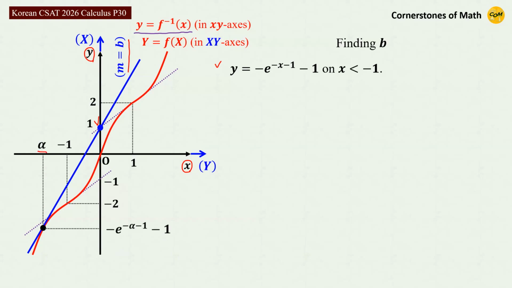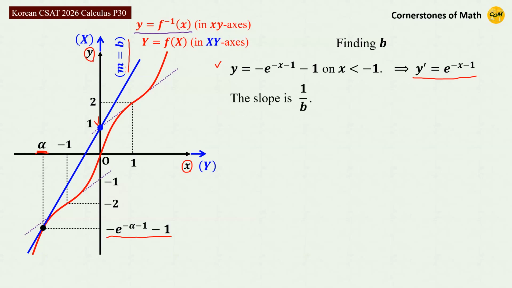First, we let alpha be the x-coordinate of the point of tangency, which gives the y-coordinate e to the power of minus alpha minus 1, minus 1. We need to calculate the slope, so we take the derivative, which is e to the power of minus x minus 1, and from here we can use multiple conditions.